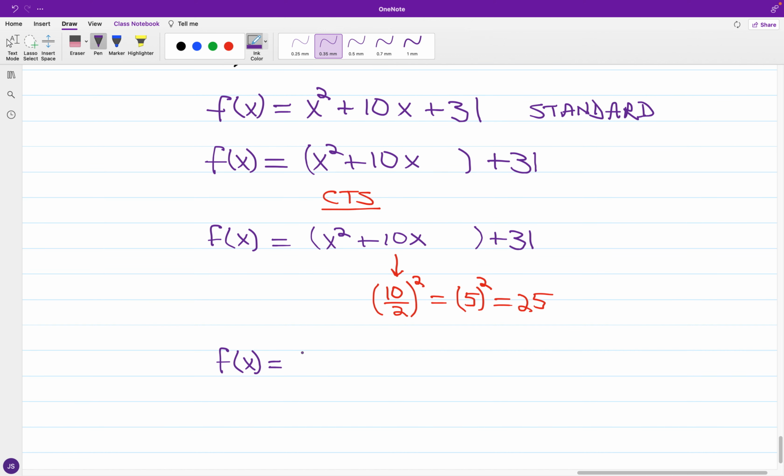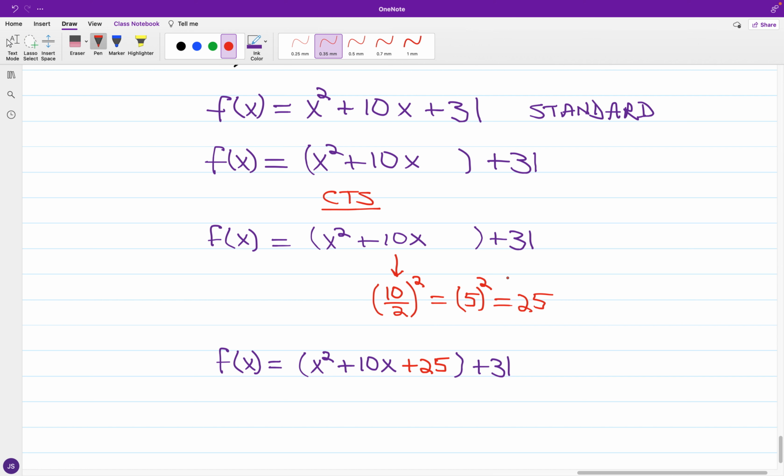And so in the follow through, we have f of x is equal to x squared plus 10x, and upon adding 25, I'm going to have a bit of a surplus. At the moment, this would be x squared plus 10x plus 56.